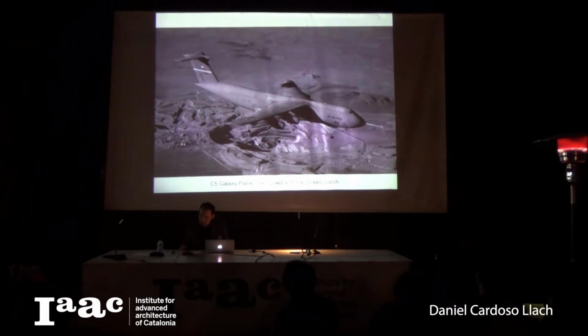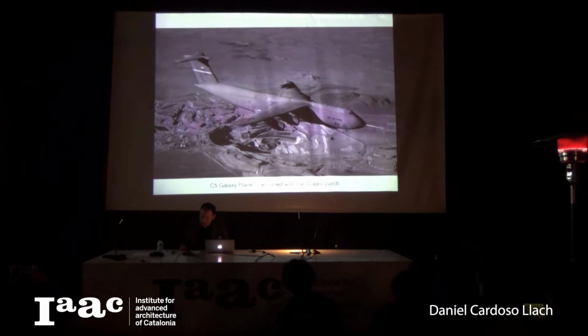To understand this void, we have to look outside architecture into the rapidly changing landscape of technological research taking place since the postwar years in the US and in the UK.